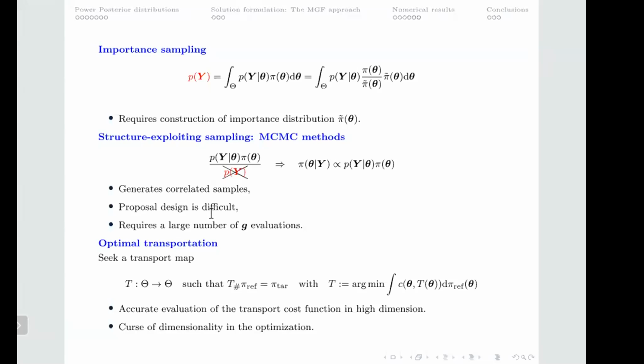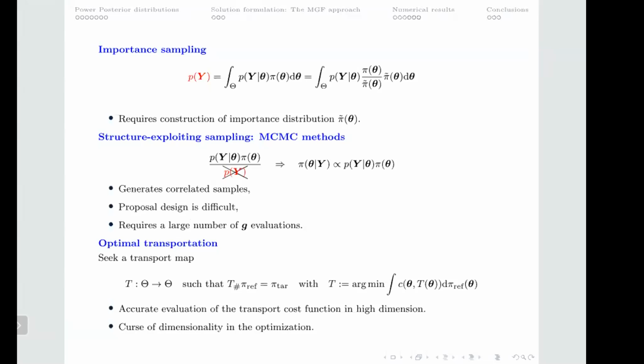We all know that MCMC methods require a large number of evaluations of the forward model. On top of all of those points, we also have the acceptance criterion, which completely destroys the ability to count a priori the number of evaluations of the forward model. We also have a third class of methods for inverse problems, which is optimal transportation.